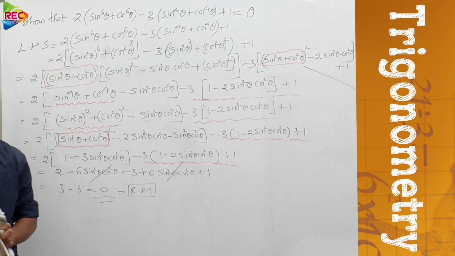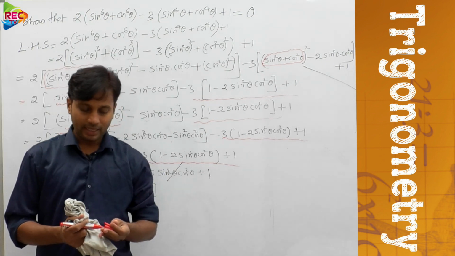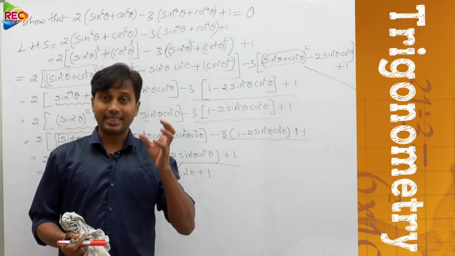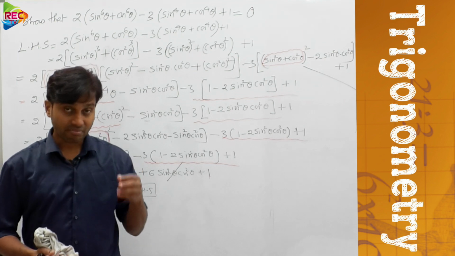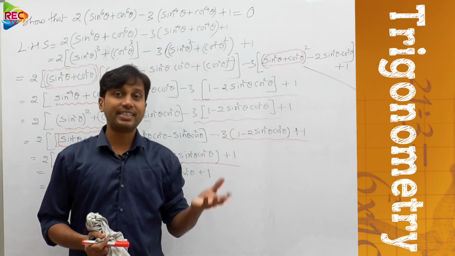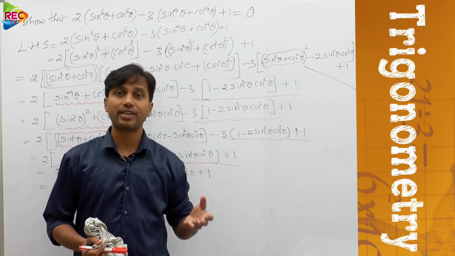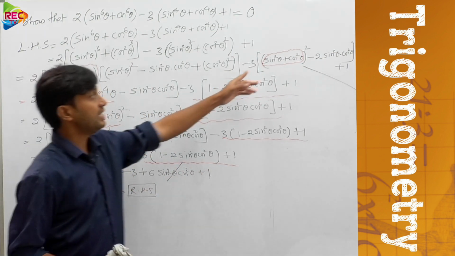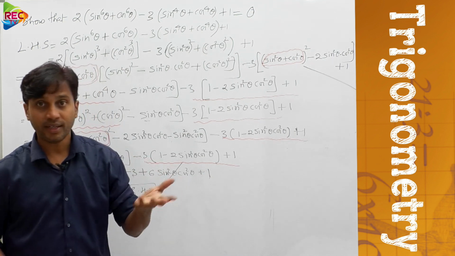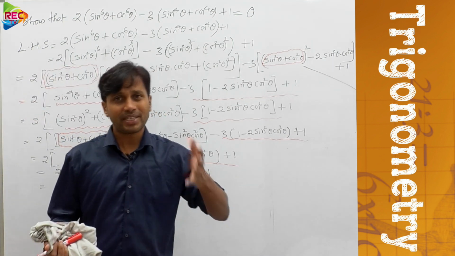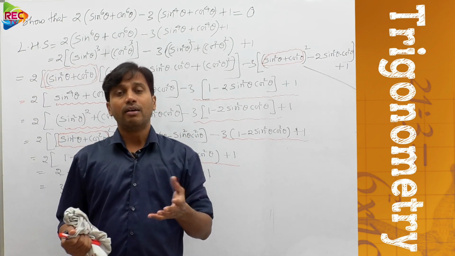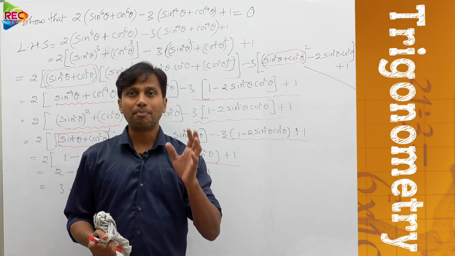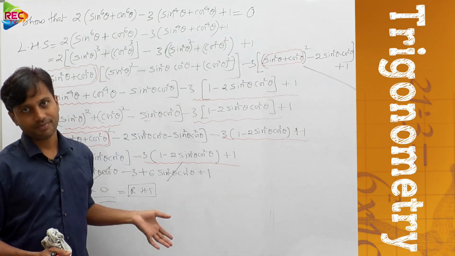So even though the problem is given very lengthy, if you think smartly and know where we have to do certain adjustments, either by using algebraic identities like a plus b whole square, a minus b whole square, a cube minus b cube, or by using trigonometric identities like sin square theta plus cos square theta equal to 1, by mixing the formulae of algebra and trigonometry, we can combinedly solve this type of problems.